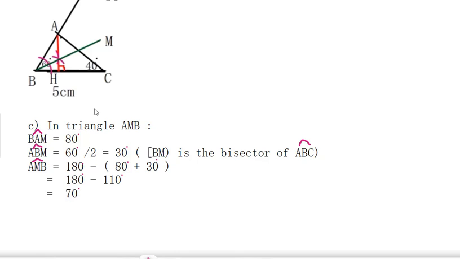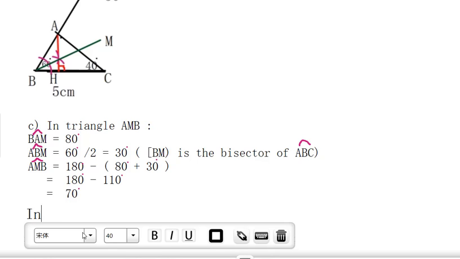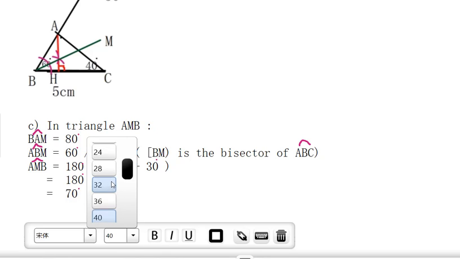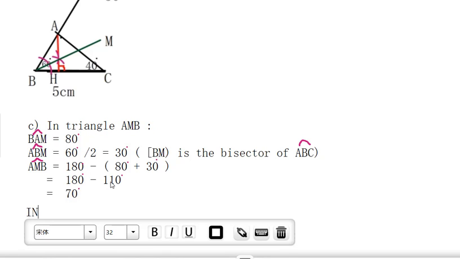Now we still have to find the angles in triangle BMC. Similarly, this is 40, this is 30, and this one will be 180 minus (30 plus 40), which will give me the answer. Okay, so I'm going to write them in triangle BMC.